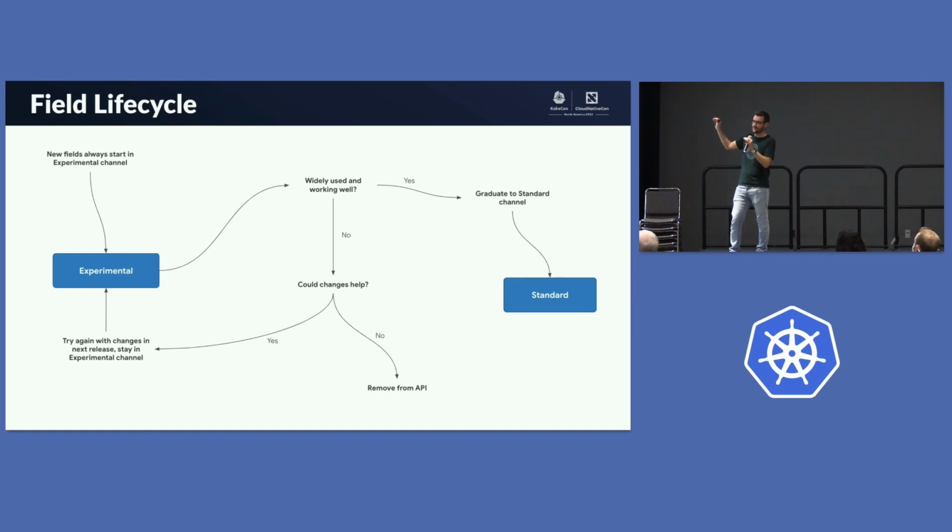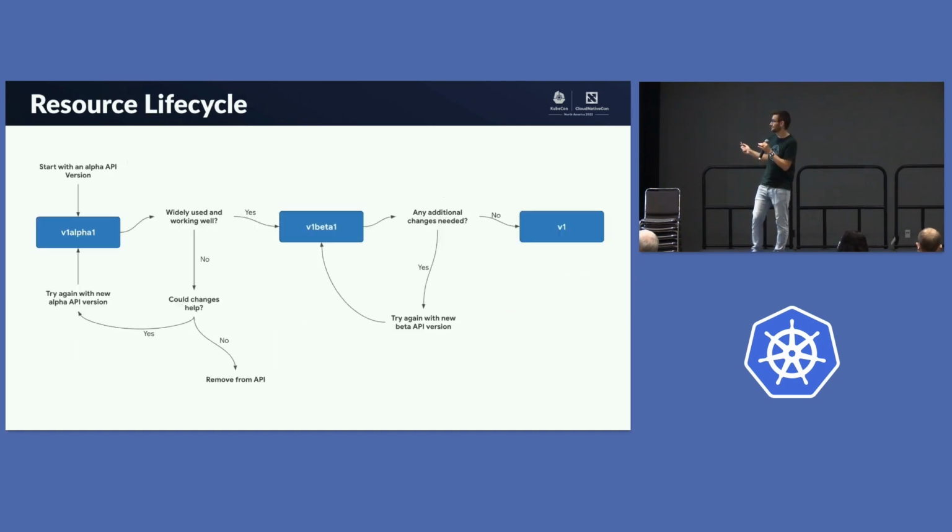Everything that's new, no matter how confident we are in it or not, it starts in experimental, and then if it meets our graduation criteria, it may graduate to the standard release channel, or if it doesn't meet our graduation criteria, if we have some good feedback that's telling us this isn't the right path, we'll either drop it from the API or make changes and try again in the next release.